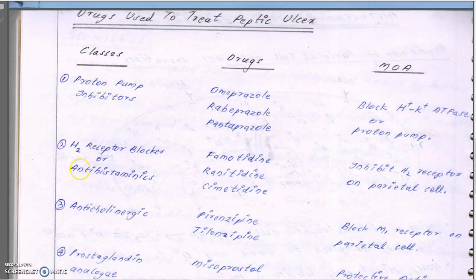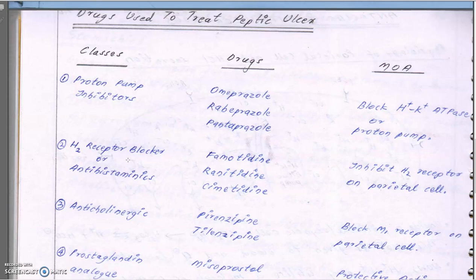So next we move to the H2 receptor blockers. We have heard that H2 or histamine receptors are present over the parietal cell. So whenever histamine binds, they produce HCl. So we have to block production of HCl.